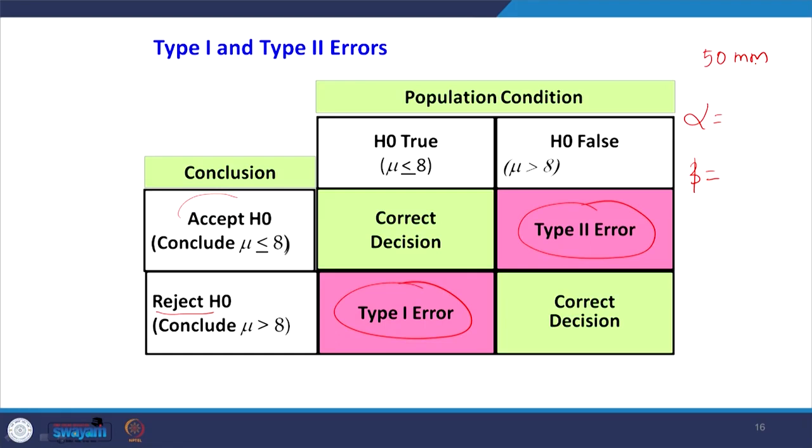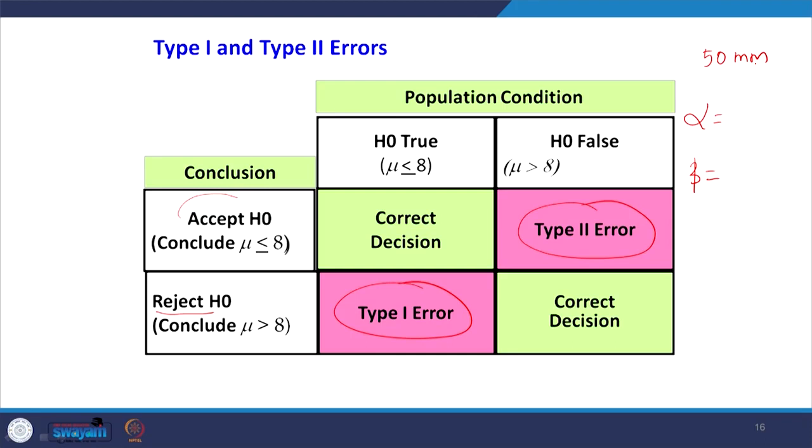He says that my production is not meeting the specification, that is 50 mm. There are two possibilities there: the way he measured is wrong, or the sample is not correct. So that is an incorrect rejection. Even though I have good quality products, they have been rejected. That is called producer risk.